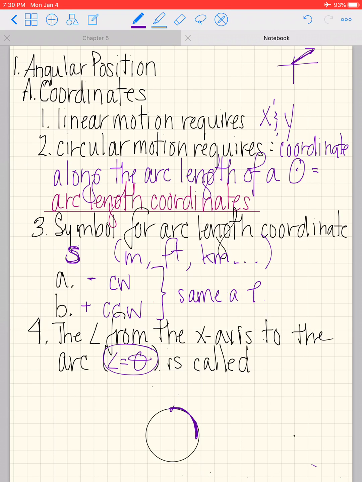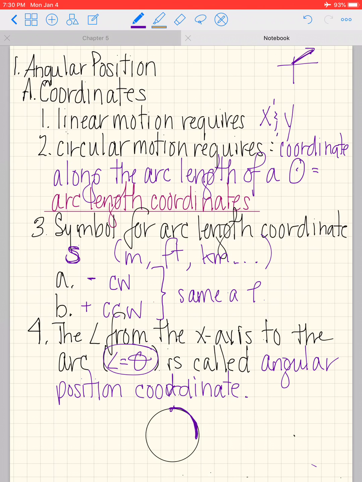It is called the angular position coordinate. And they can measure the same things, they're just going to measure it in two different ways.